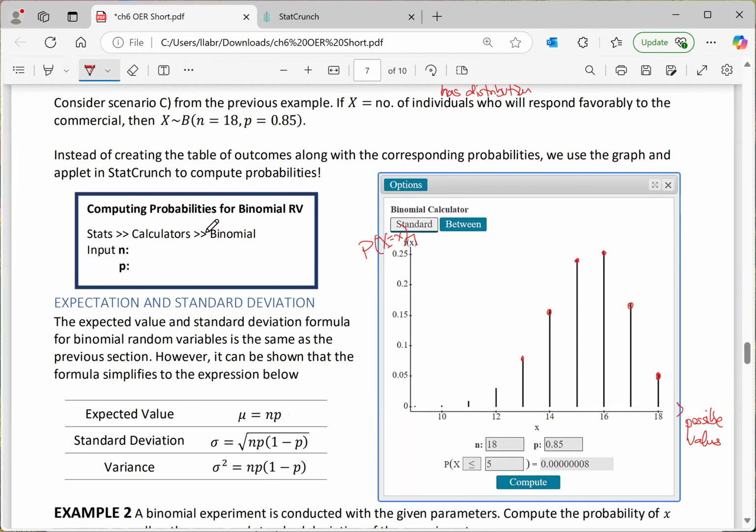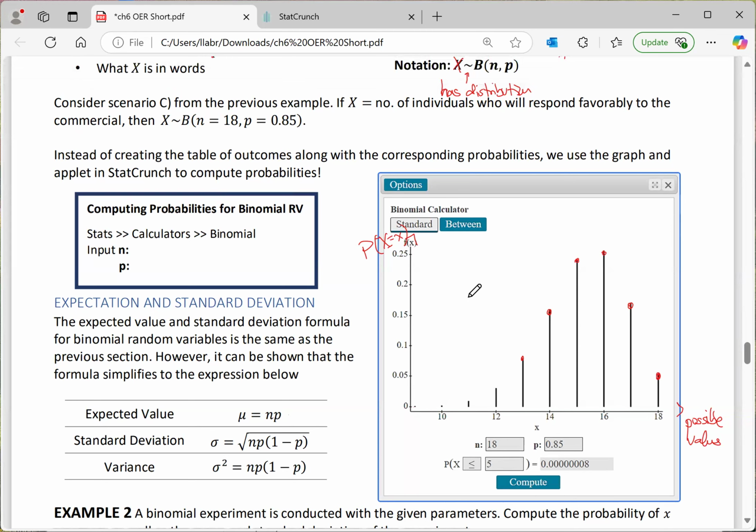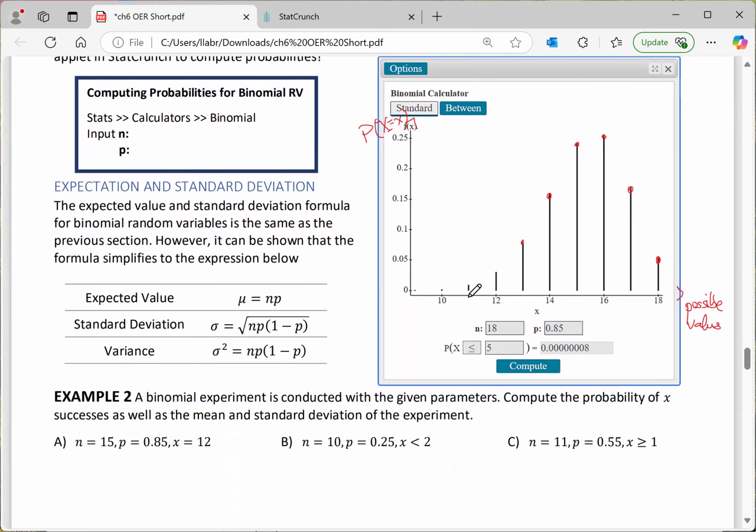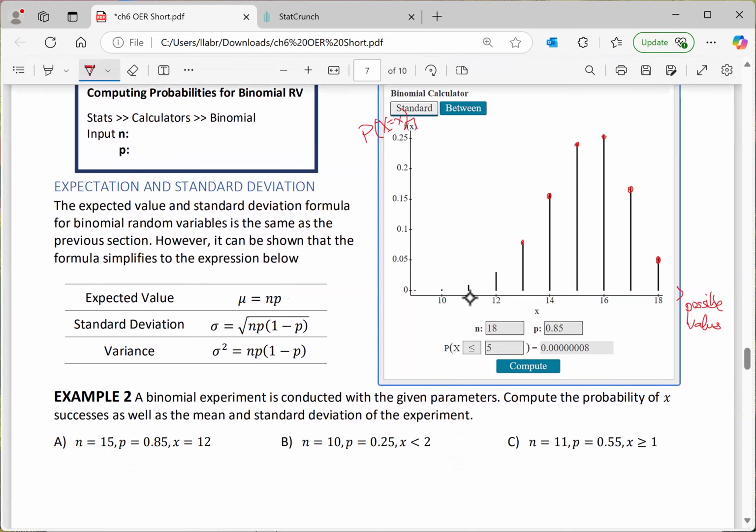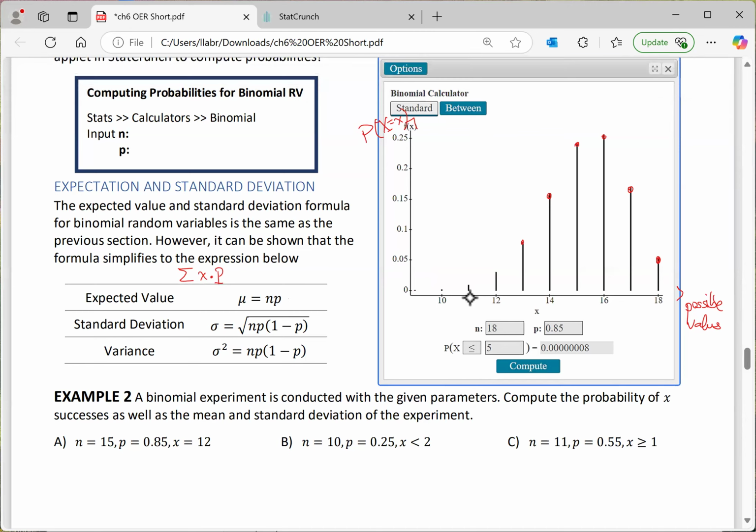Now that we have the distribution, we also describe the expected value, and it's got the same interpretation as in previous videos. The expected value still describes the long-term behavior of the random variable, and it still has the same formula. Remember that the formula for expected value was the product of the outcome times the corresponding probability, and you add that up over all possible values of the random variable.